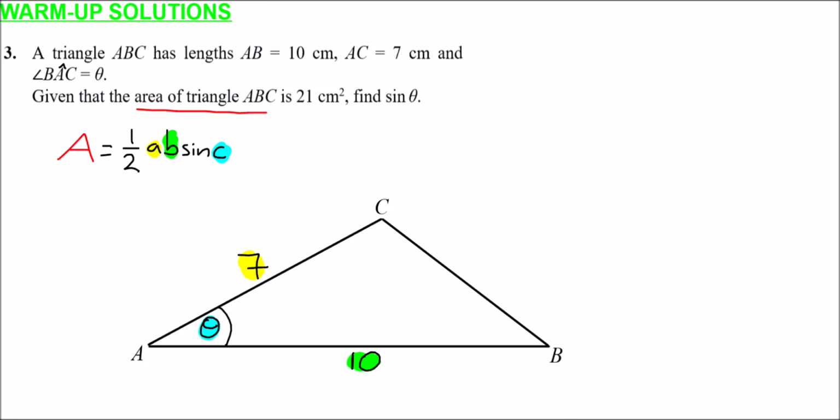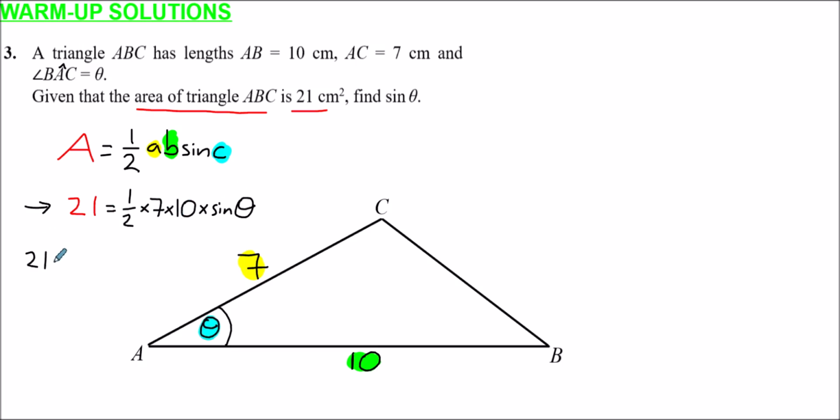So c, if you like, is this theta. Using the information we've got, we know the area is 21. So 21 equals a half times 7 times 10 times sine theta, because c is theta. Half times 7 times 10 is 35.